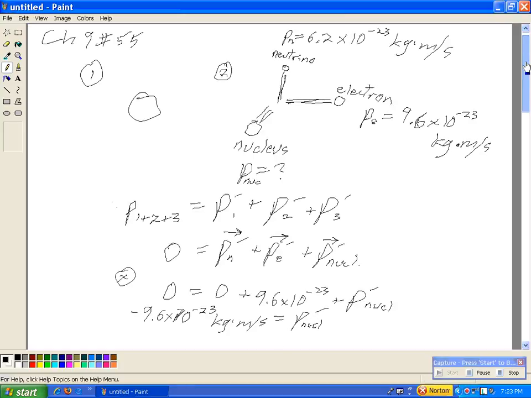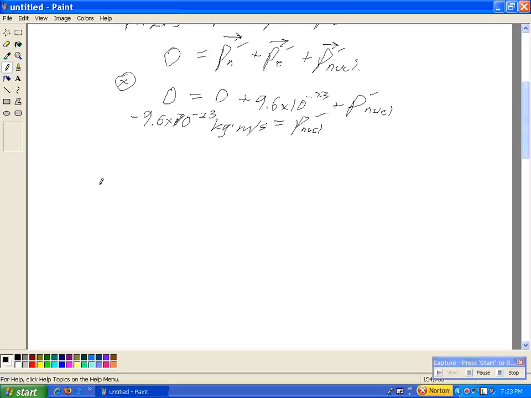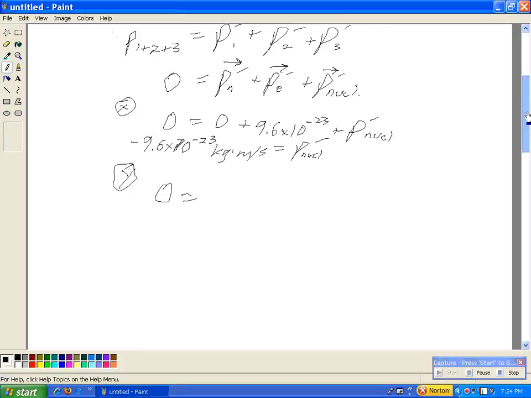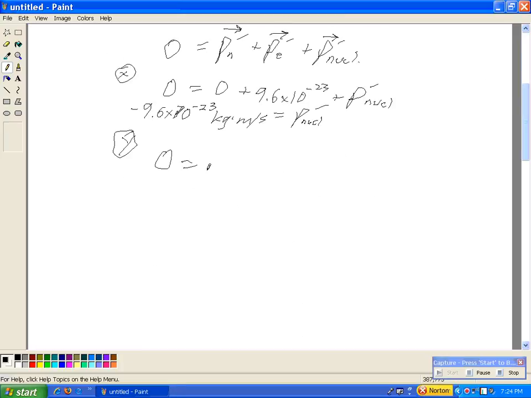Now the y direction is 6.2 times 10 to the negative 23. I should really keep the units in there.